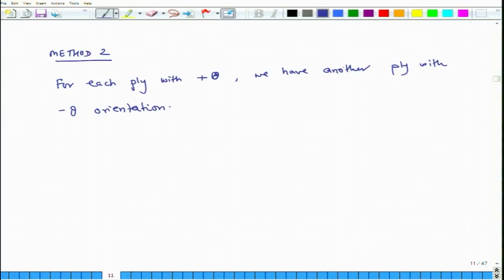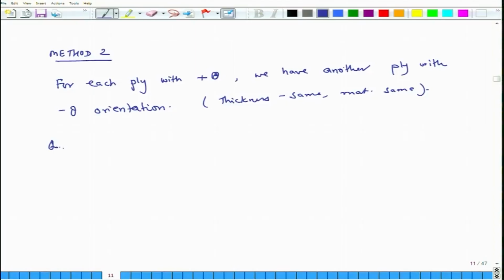Okay. And here of course, we are assuming that thickness is the same, material is the same. Okay. So, in this case what happens?